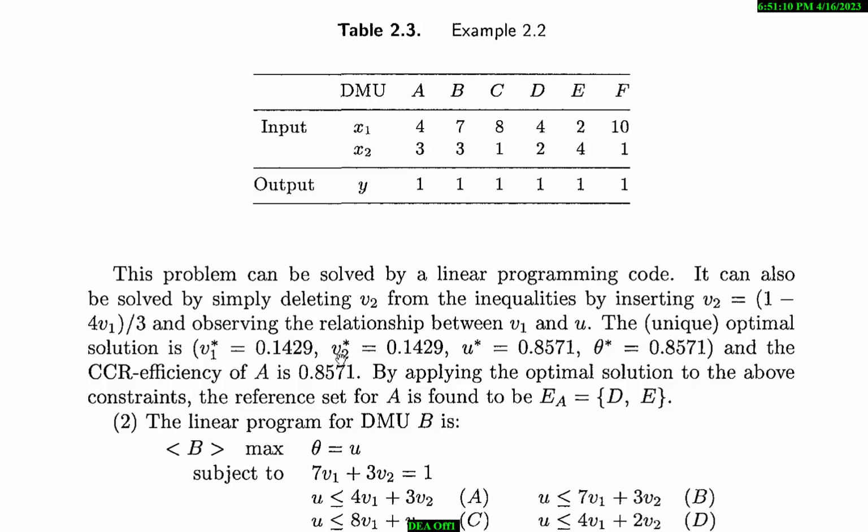If we solve this model, we will get these optimal values that show DMU A is not efficient because theta star is less than 1.